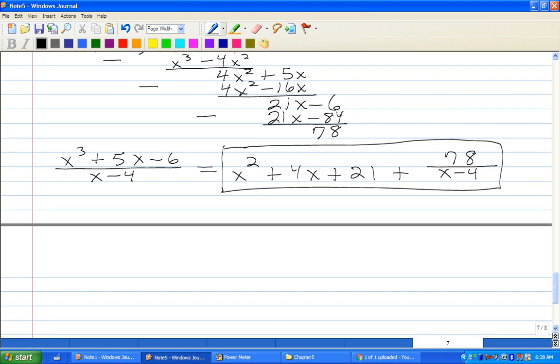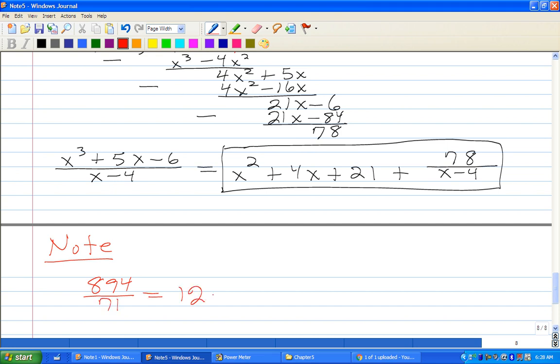Note the following, and this is very important. Note that I could have written in the above 894 over 71, I could have written that in the mixed number notation, 12 and 42 over 71.